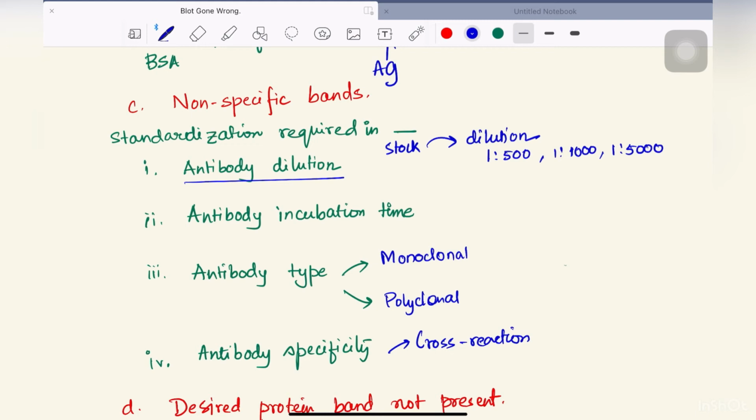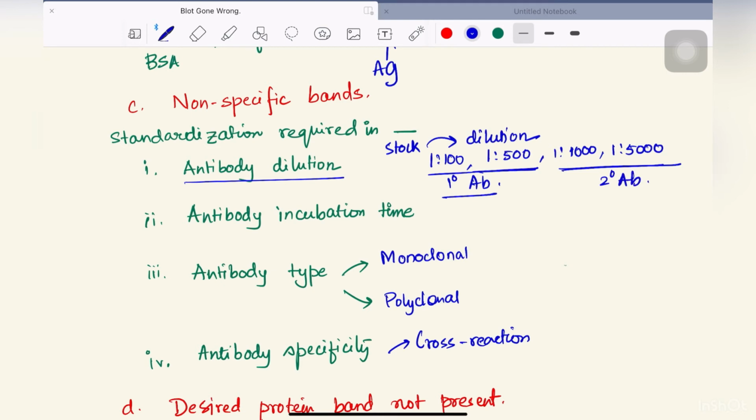That also you might have to standardize a little bit. Usually primary antibodies are used at lower dilutions, 1:100, 1:500, while secondary antibodies might be used at higher dilutions, like 1:1000, 1:5000. So more dilute secondary antibody aliquots can be used.